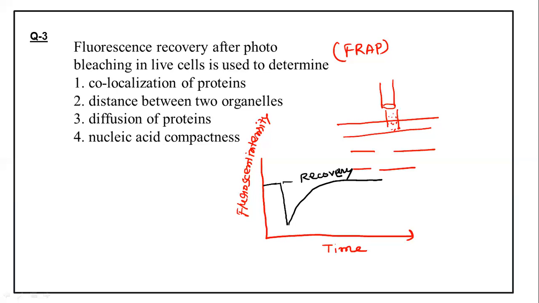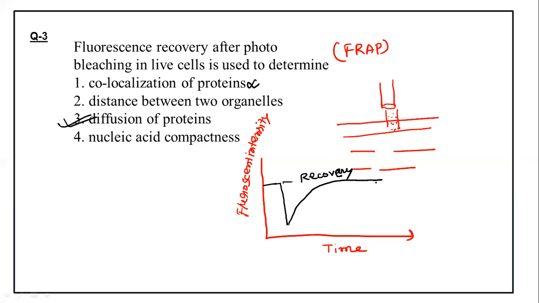So here, fluorescence recovery after photobleaching in living cells is used to determine co-localization of the protein? No, actually it's not co-localization, nor distance between two organelles. It measures the diffusion of the protein, right?